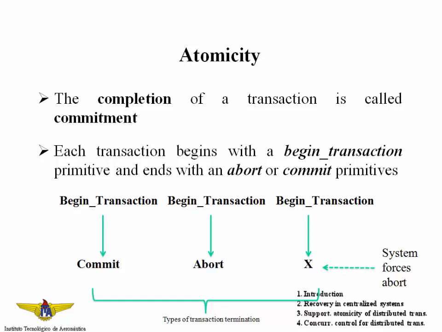Another situation is when the transaction starts and the system for some reason crashes, which forces an abort. For instance, you can have a massive destruction where all the computers are held.